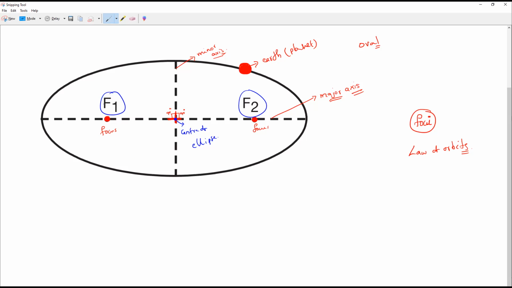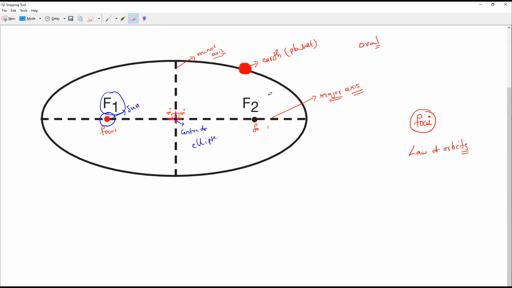Maybe the sun is located here. Suppose Mari considers the sun is located here, or Lingesh considers the sun is present here. So the sun is present at any one of the foci, and planets are revolving around the sun in a particular orbit. That is called the law of orbits, or Kepler's first law of planetary motion.